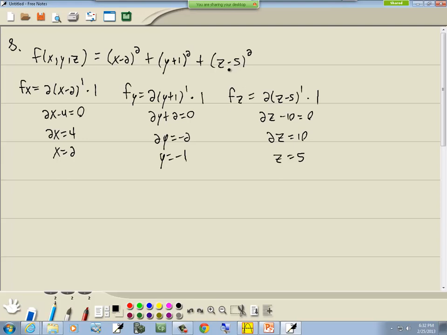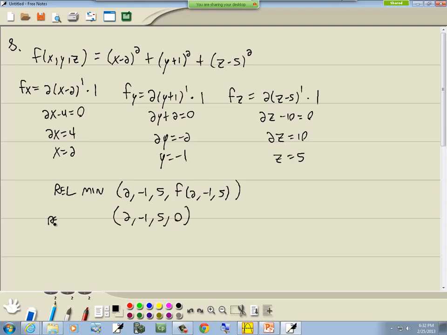That's the smallest it can be, which means this is going to be a relative min at (2, negative 1, 5). And f of (2, negative 1, 5): if I plug those in, 2 minus 2 is 0, negative 1 plus 1 is 0, 5 minus 5 is 0, so this will be 0.